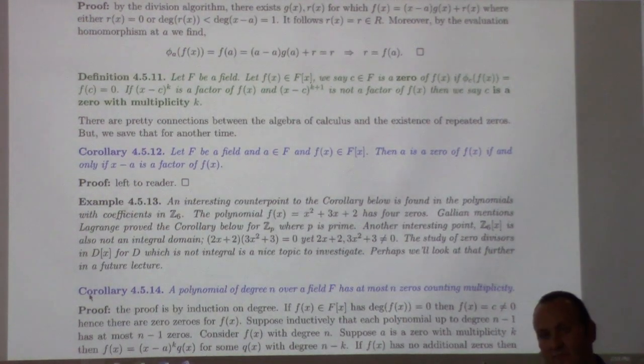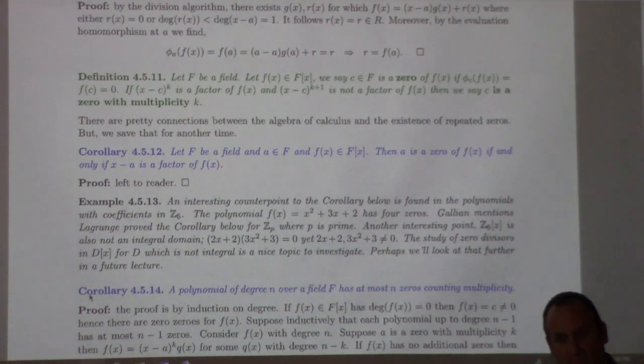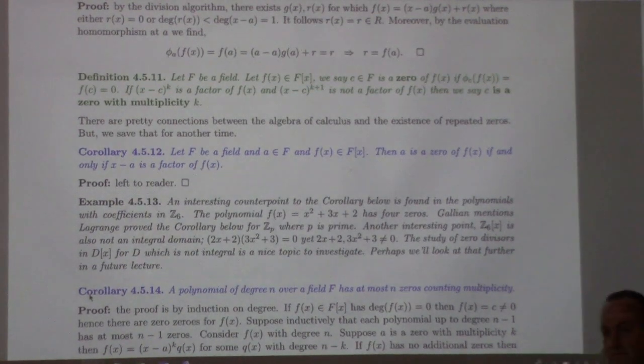Then if you multiply those out, what do you got? You have a leading coefficient of 1 on your x to the n plus 1 term, which of course contradicts the degree of the polynomial being n. So it's easy to prove with the factor theorem in hand that you can have at most n zeros of a polynomial, right?